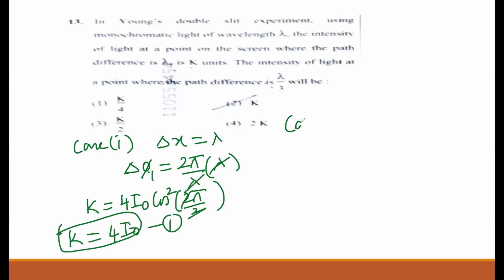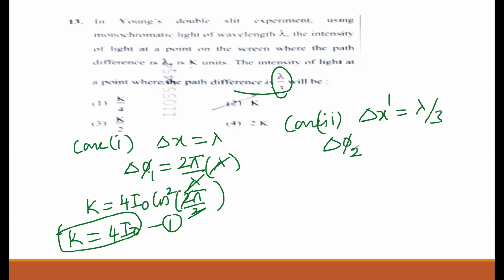So now let us take the second case here. The intensity where the path difference is lambda by 3. So delta x in this case is lambda by 3. So the phase difference in the second case is 2 pi by wavelength into lambda by 3. So that is 2 pi by 3.